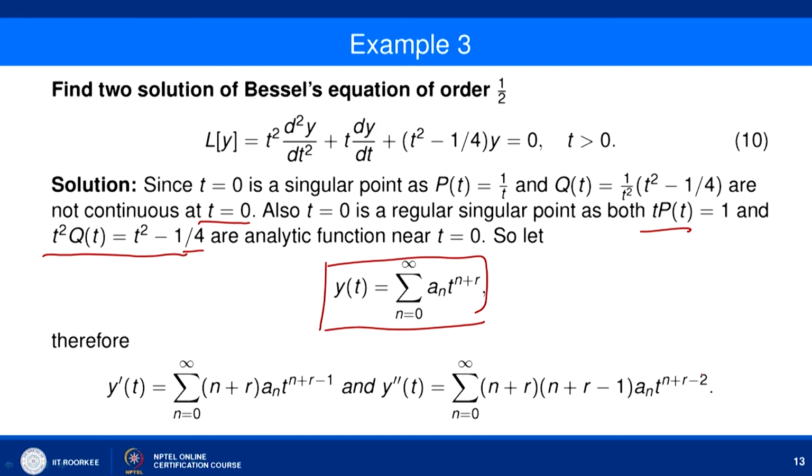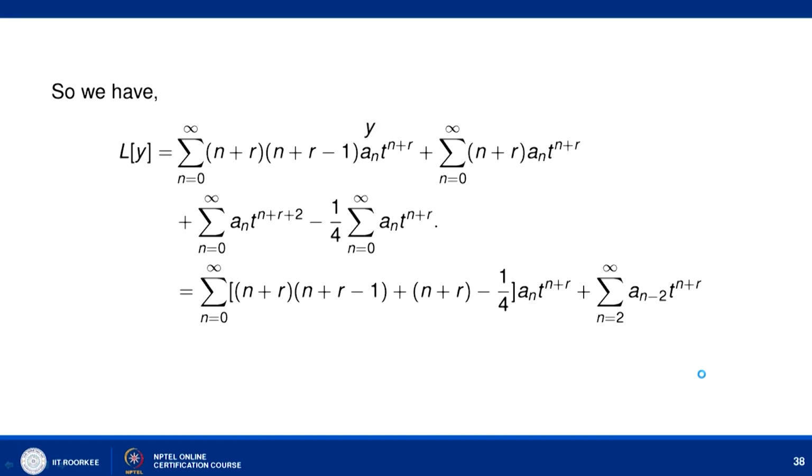Put it back into equation number 10, and we have L y as summation n equal to 0 to infinity n plus r times n plus r minus 1 a n t to the power n plus r, because t square is already there, and the second term is summation n equal to 0 to infinity n plus r a n t to the power n plus r, plus summation n equal to 0 to infinity a n t to the power n plus r plus 2, minus 1 by 4 summation n equal to 0 to infinity a n t to the power n plus r.